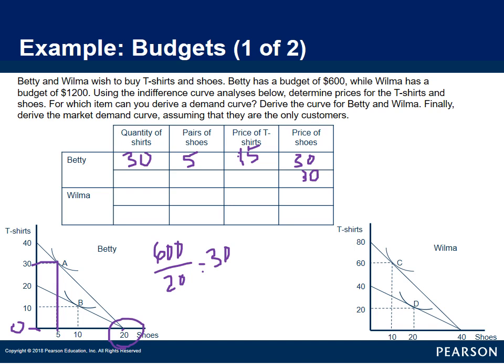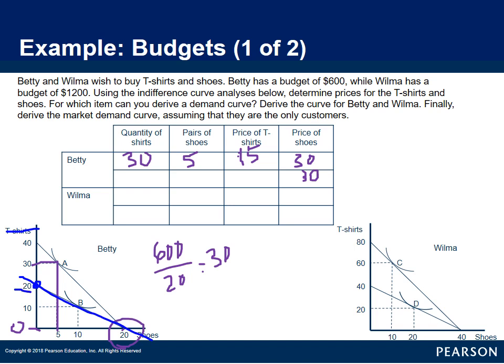Now if we look at the second budget line that I've highlighted in blue, we can see that there has been a change in the price of t-shirts. How do we know that? If she only purchases t-shirts with her $600 budget, the highest number of t-shirts that she can purchase at this point is 20.